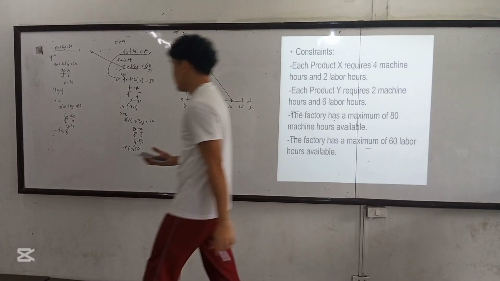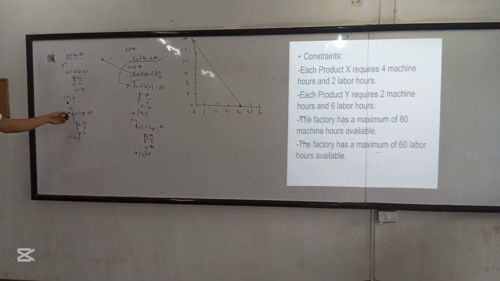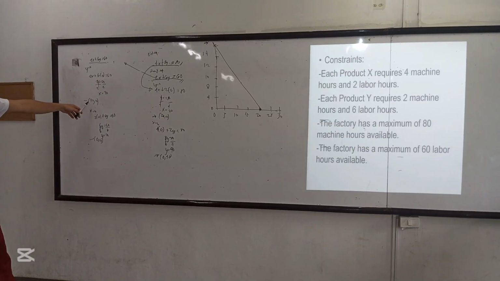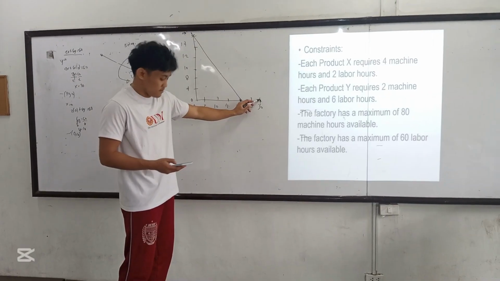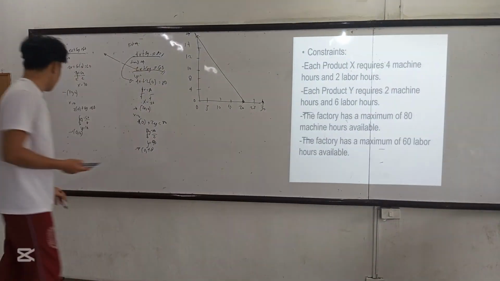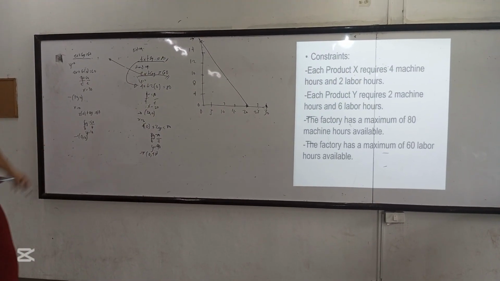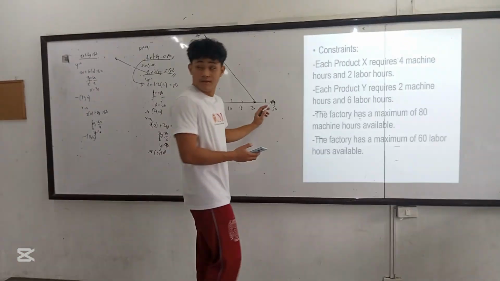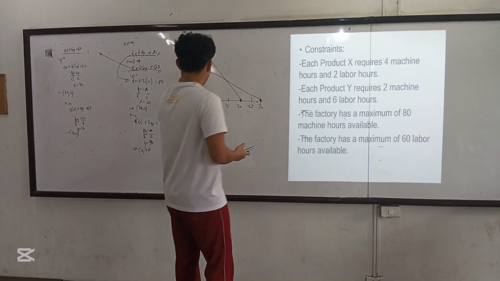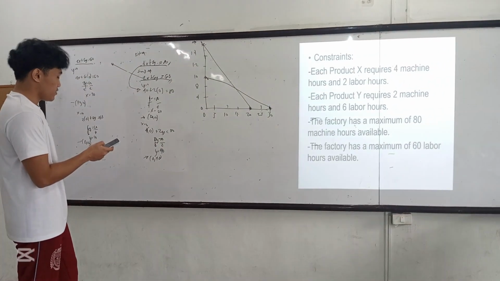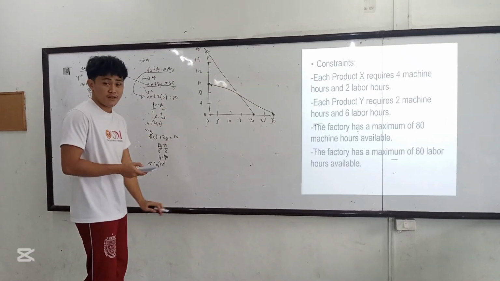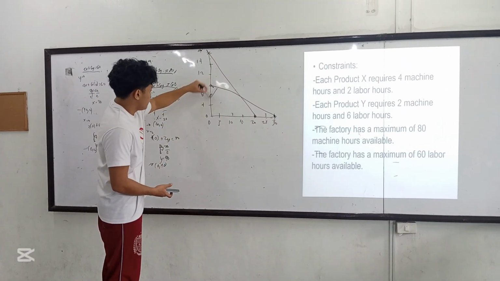For our second equation, the value of x is 30 here, then our value of y is 10 here. And we can see the feasible region here.